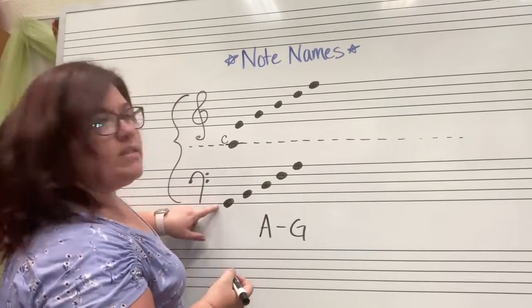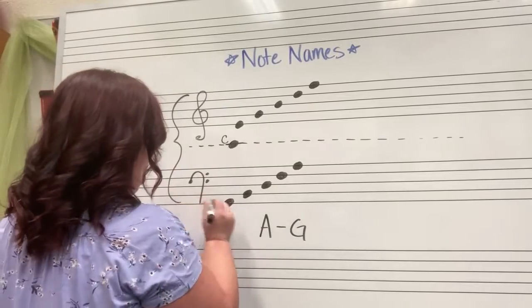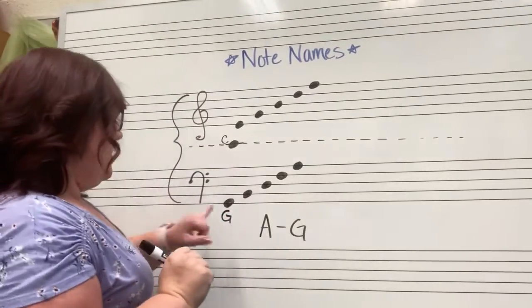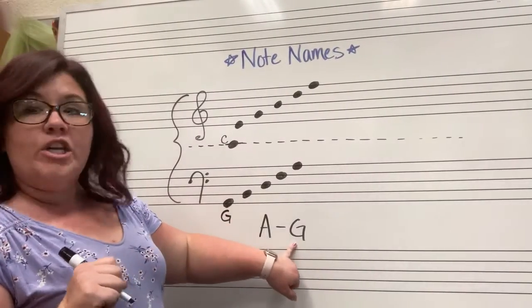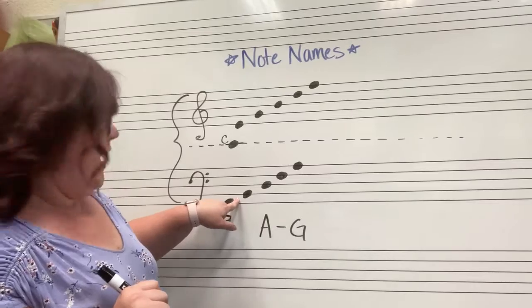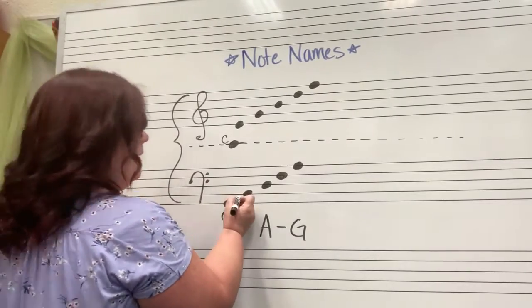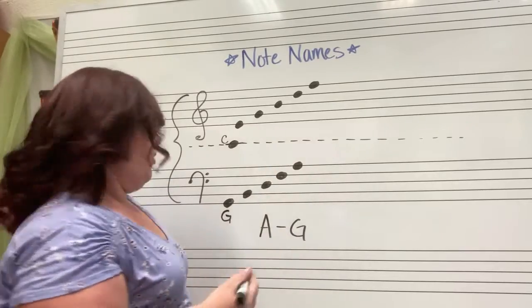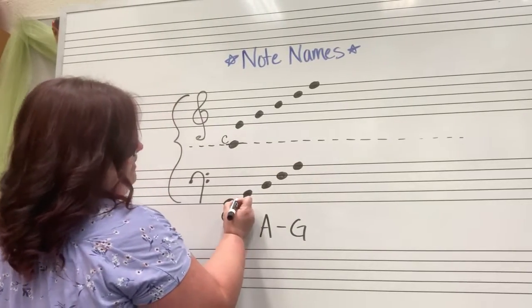So the first line on here is the note G, okay? Remember our musical alphabet is A to G. So remember, after G, what would this space be? It would be A. So we're gonna skip the spaces for now because I have some funny phrases to help you remember these note names. So G, and then we have A there hiding.